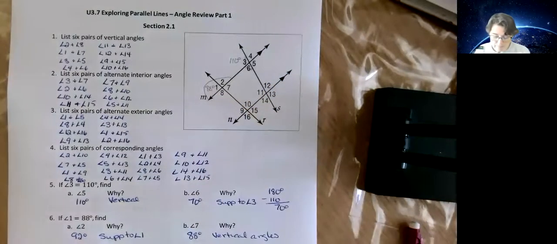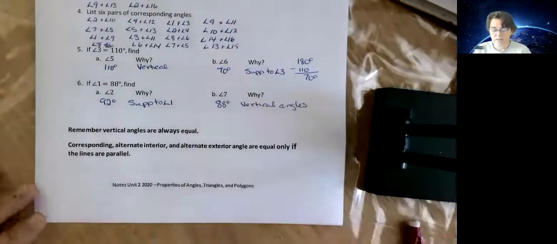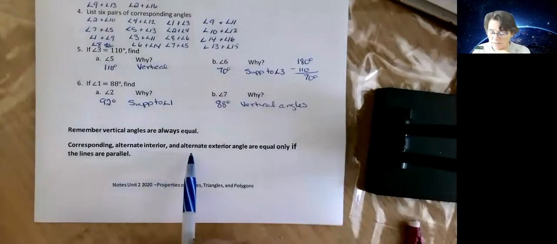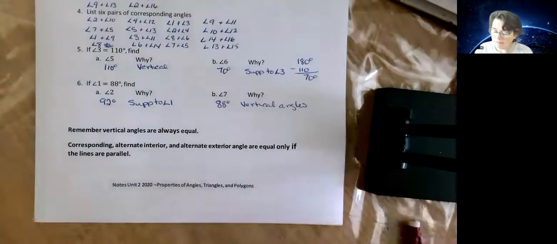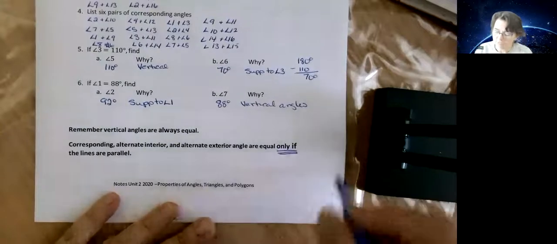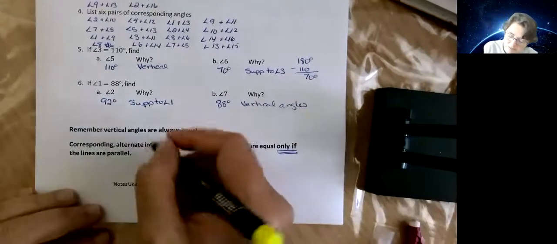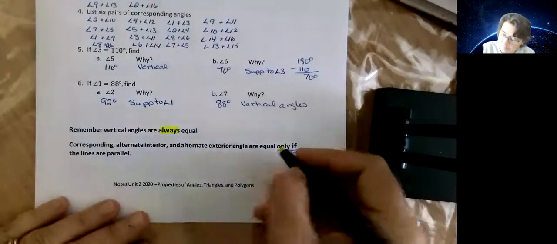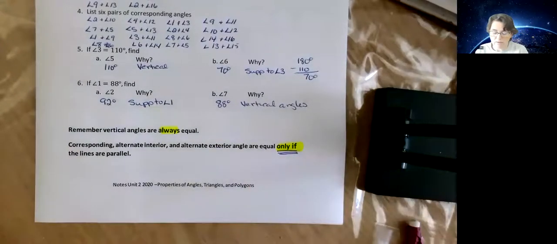So remember, vertical angles are always equal, and corresponding, alternate interior, alternate exterior are equal only if the lines are parallel. Vertical angles are always equal, no matter what. I don't care what angle your lines are at, it's always going to be equal. Those other guys only work if the lines are parallel. And that's the end of the video.